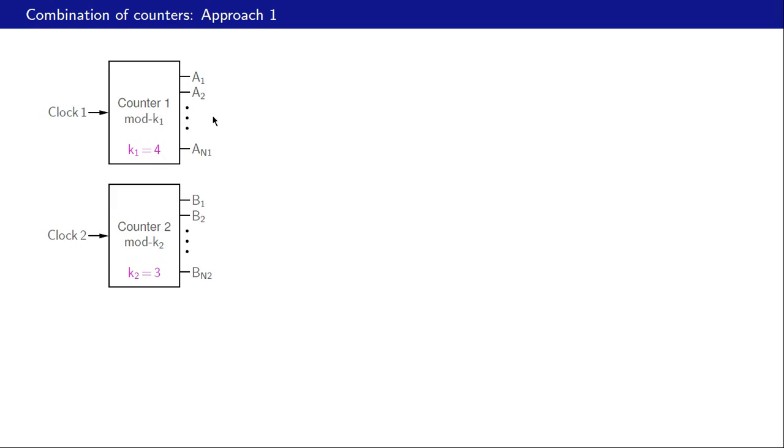These are the outputs, and it's not really important what N1 is right now. Here is the second counter, counter 2. It has its own clock called clock 2, and it is a mod K2 counter, and we will take this example where K2 is 3. So this second counter has 3 distinct states, and now let us see how we can combine these two counters.